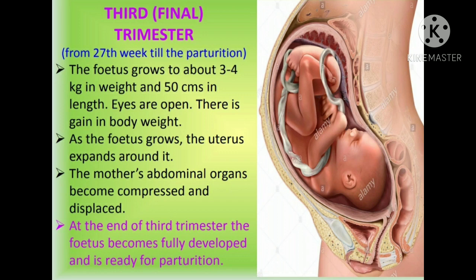As the fetus grows, the uterus expands around it. The mother's abdominal organs become compressed and displaced due to the heavy and bulky weight of the uterus, leading to frequent urination.